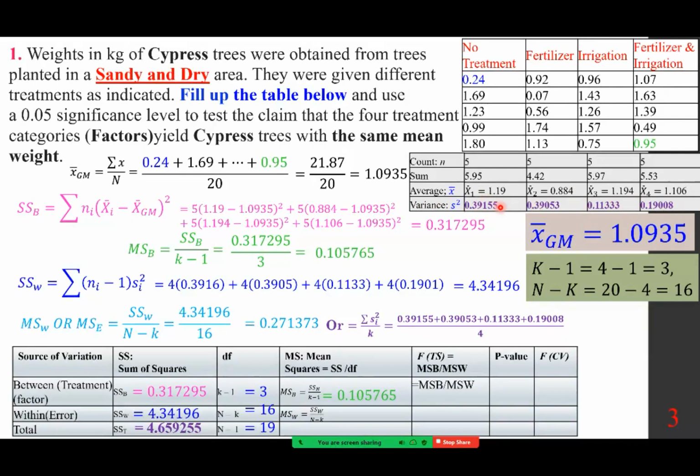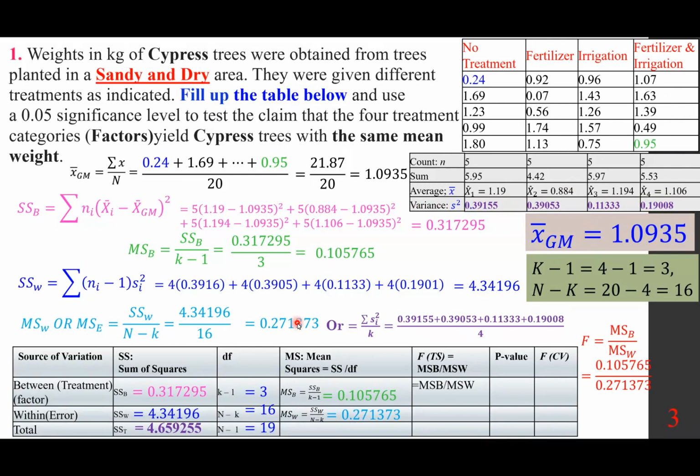How do you take a mean of those numbers? Divide by however many, divide by 4. This number is the same as this number. Okay, this is the mean square within, and you put it here.